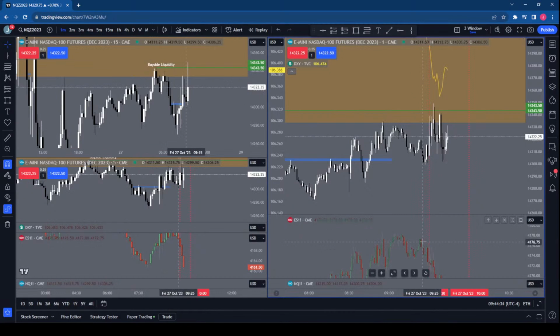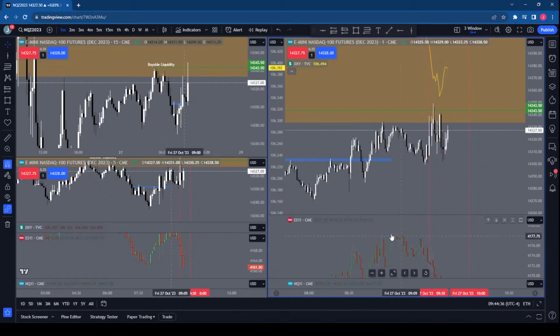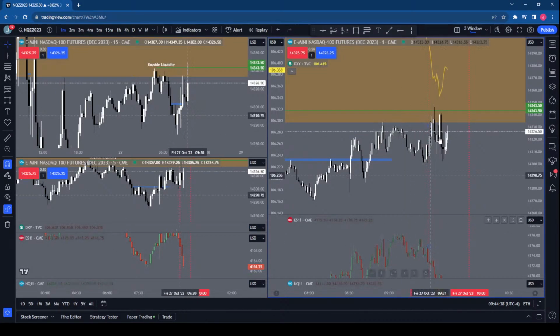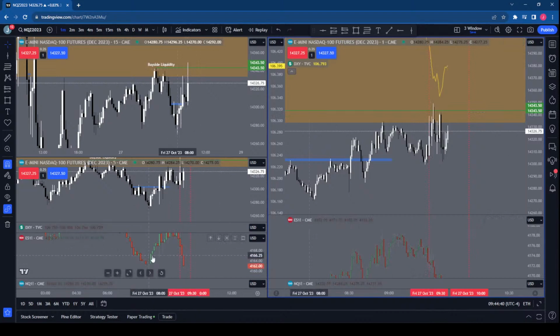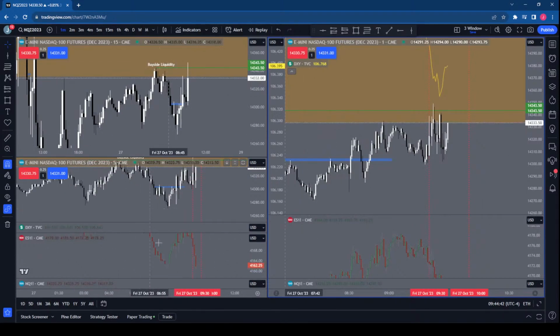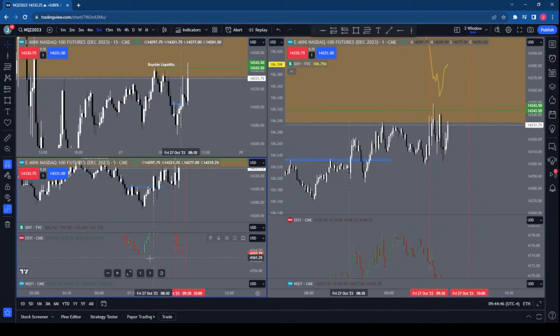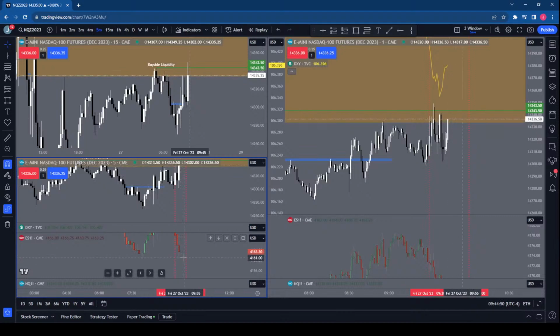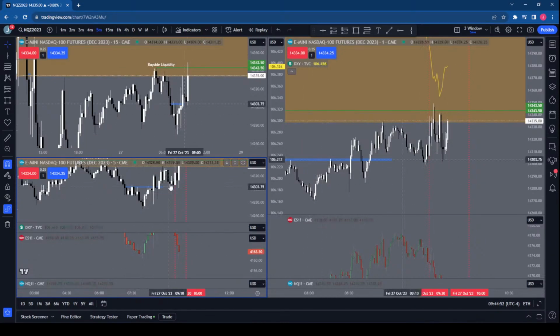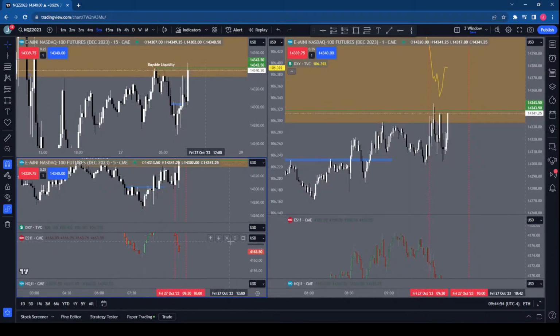I'm just checking, did this go higher over here or did it go lower? It went lower. I come over to the 5-minute and all I need to see is this swing low. ES came below it. NASDAQ didn't. I use it to compare.